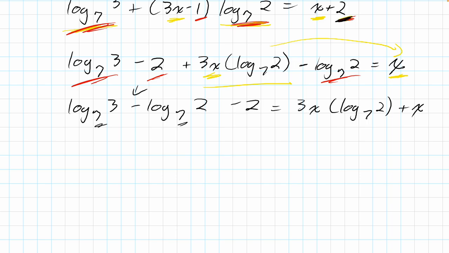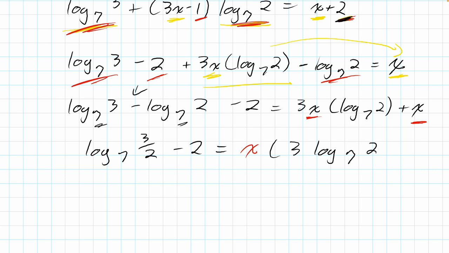We can simplify this. Log base 7 of 3 over 2, which is a half, minus 2 is equal to, okay, this piece here, we can common factor out the x. So if we common factor out x, hi Trixie, x goes to the outside, and we're left with 3 log base 7 of 2. I mean, I could put the 3 back up there, and that becomes log base 7 of 8. Will that be helpful?